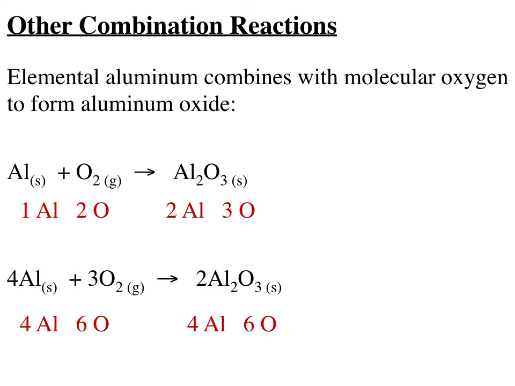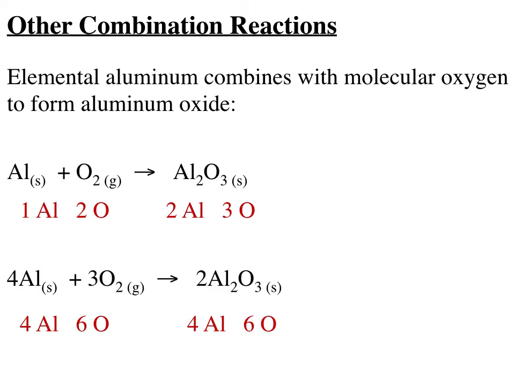But I don't react oxygen molecules 1.5 at a time. Oxygen molecules are reacted in whole numbers of molecules of oxygen. So what I'm going to do is find the least common multiple of O's on each side. And that would be 6 O's on each side. So by putting a 2 in front of the Al2O3, I get 6 O's on the right.